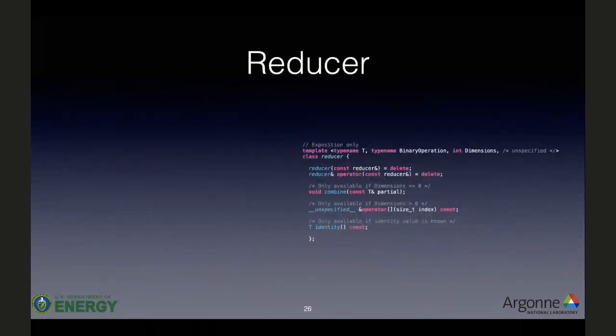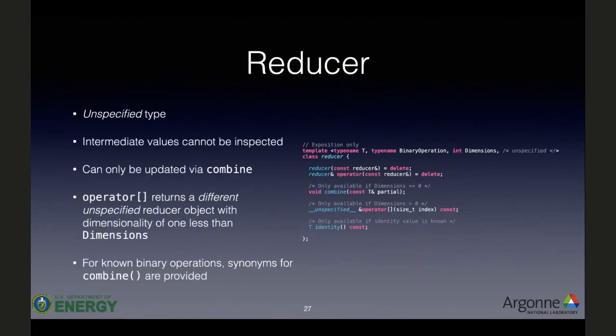Reducer objects, again, they look like this. Again, the actual type is unspecified. It's up to the compiler or the library to give you what it is. They're not copyable. They're not movable. And the only way to update the value they hold is with combine. And that's for dimension one.